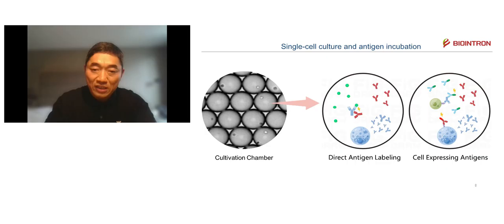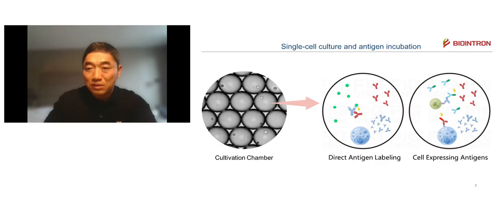In case there is no free antigen available, say we have some antigen targets that are not proteins but multi-transmembrane proteins, we have to use cells. In this case, the antigen target is located in the cell membrane.